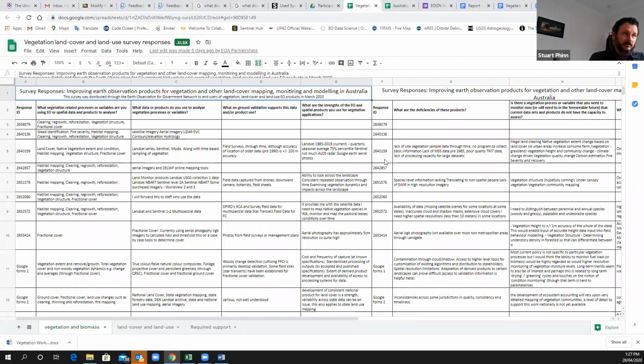It was looking at vegetation and land cover, and basically it was a reality check on the workshop that was done in August last year, to see if there are any changes in priority variables, the type of Earth observation data that was being used, how it was being validated on the ground, and what people considered were the strong and weak points.